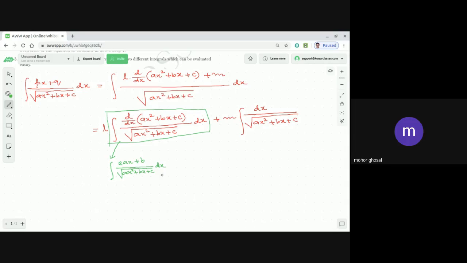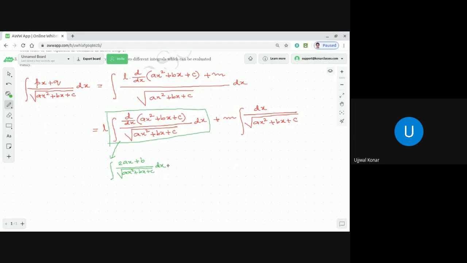Now you assume let ax square plus bx plus c equal to t. Got my point, dear students? Its differentiation will come to the numerator.